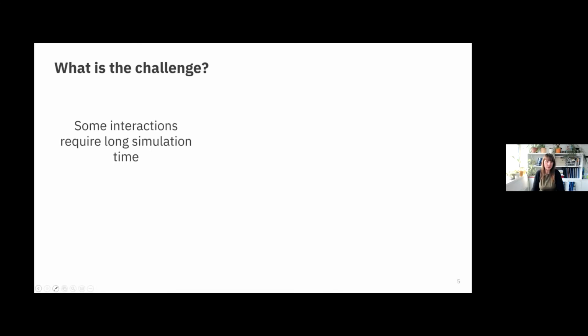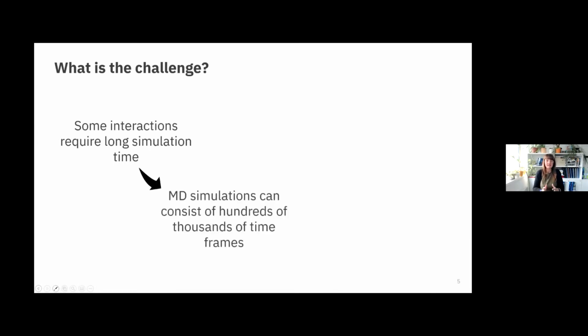So the consequence is that if you would like to capture such a movement, such an interaction, then we are usually capturing molecular dynamics simulations consisting of hundreds of thousands of time frames, which we have to somehow process afterwards. It can even be millions nowadays.